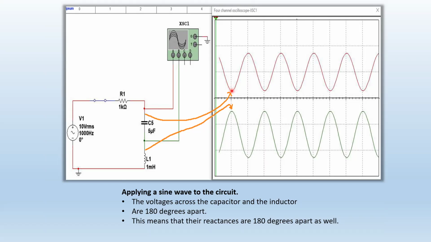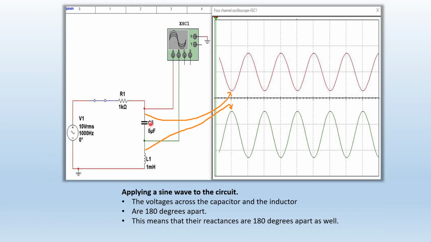Now we're getting somewhere with that, because reactance is the reactive resistance. Because the voltages are out of phase, 180 degrees, proportionally, naturally, the reactances are also 180 degrees out of phase.